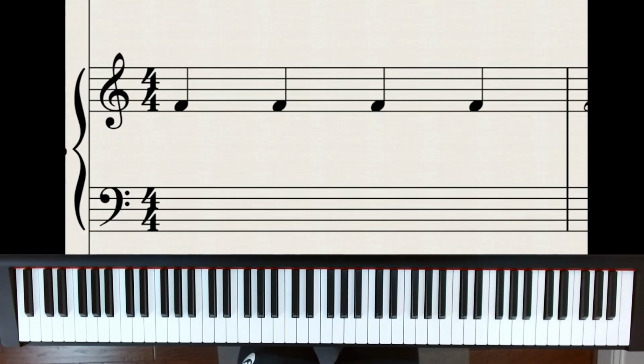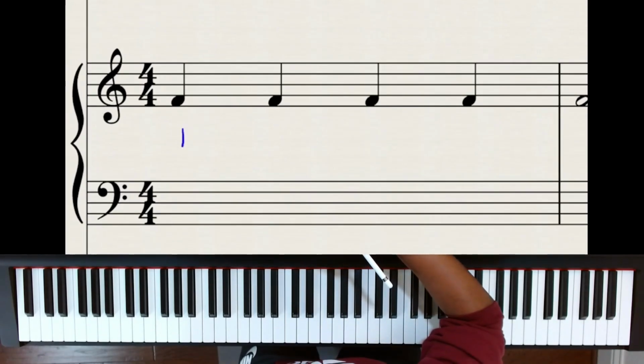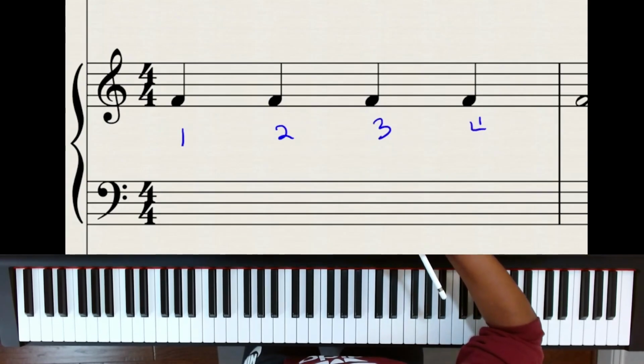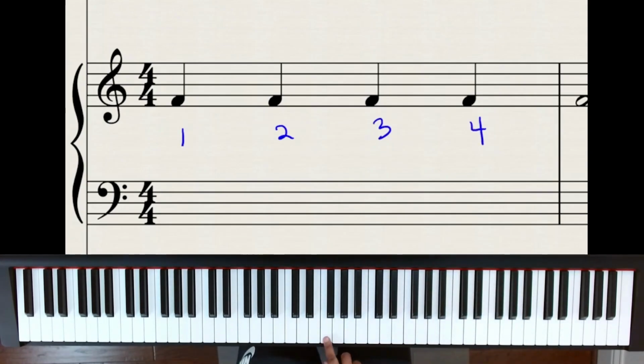We just said that we can only have 4 beats per measure, so 4 quarter notes equals a total of 4 beats. You're going to have beats 1, 2, 3, 4. Nice and even, okay?